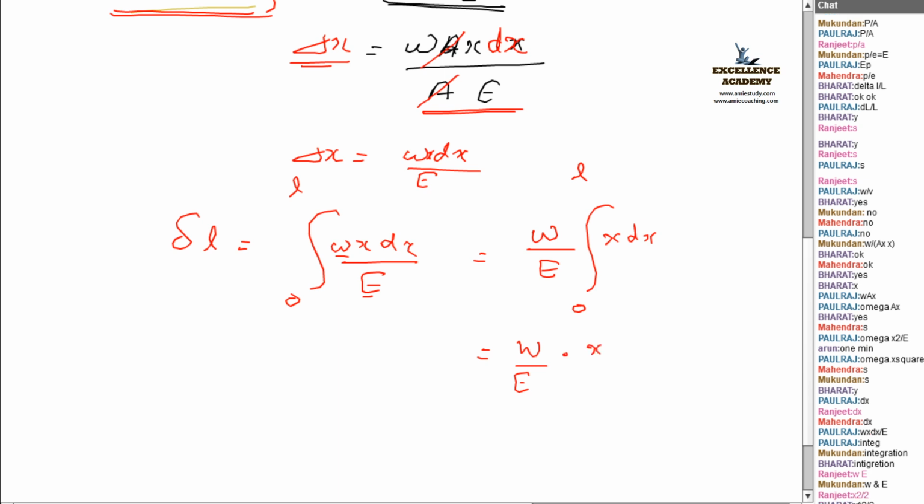Yes, W by E into x square by 2, from 0 to L.